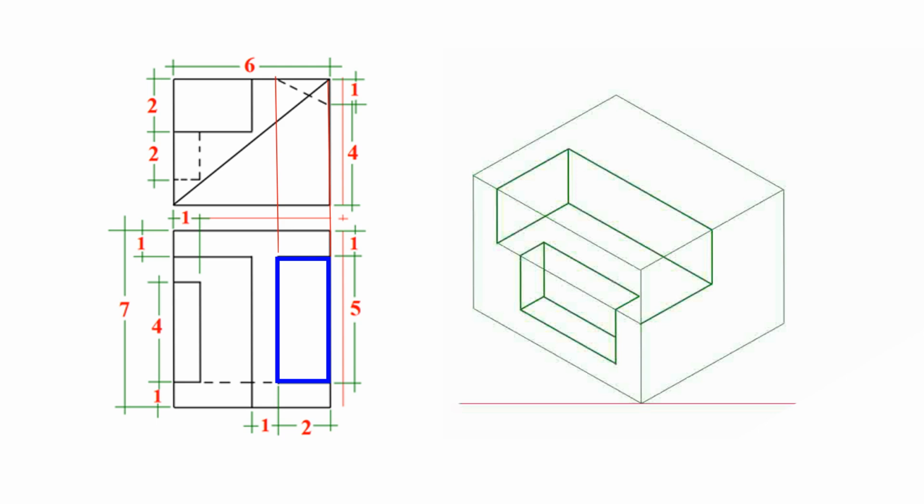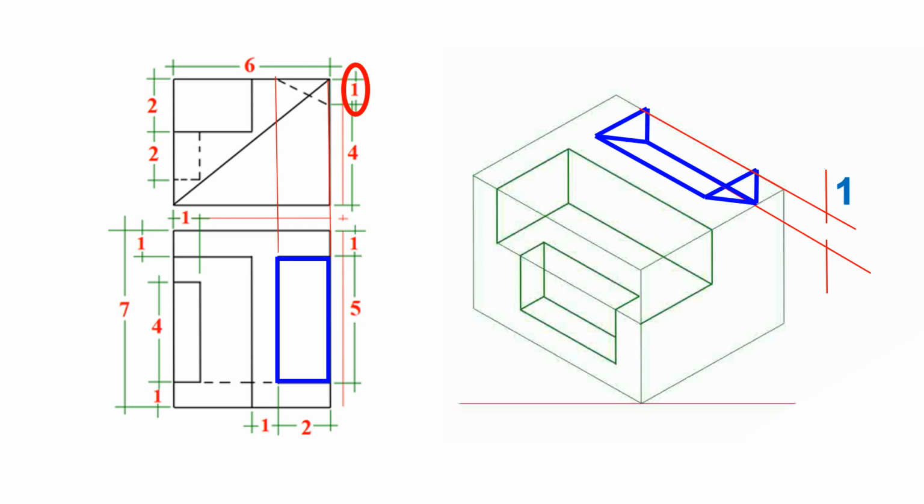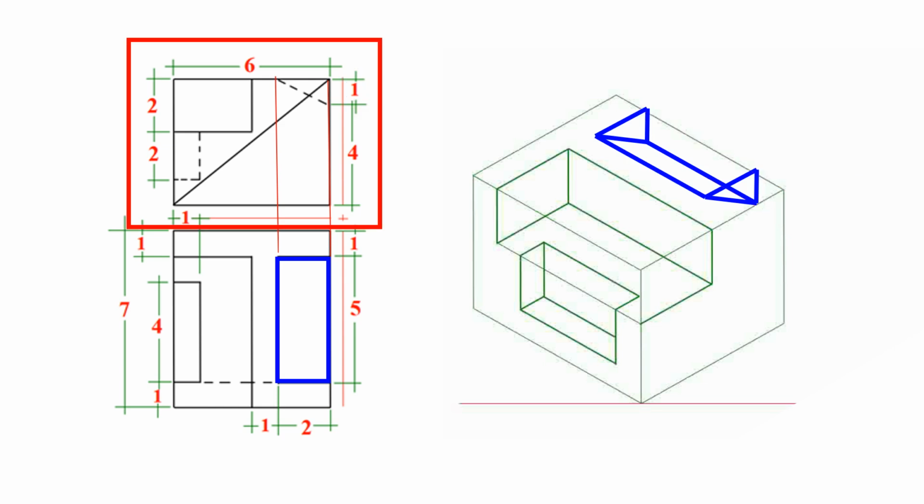This inclination has a depth, and that depth lies along the z-axis. From the front view, we can see that this depth measures 1 unit. So, what do we do? We carve it accordingly. We let the front view guide us in creating that inclined surface.